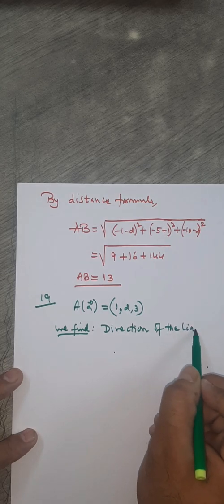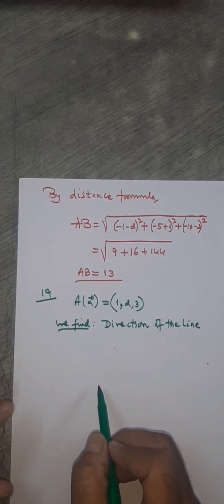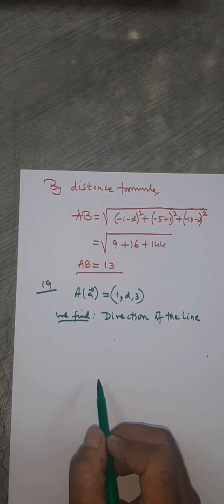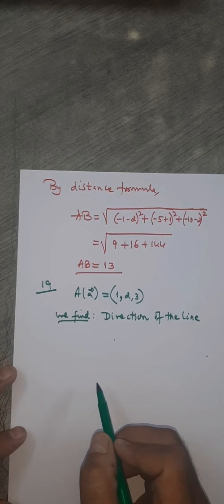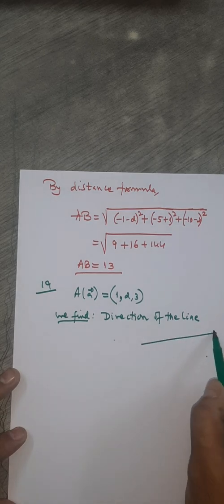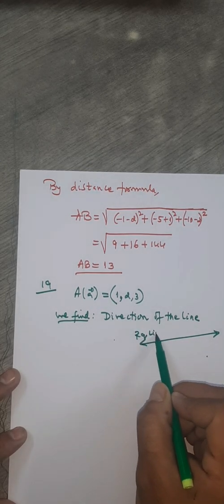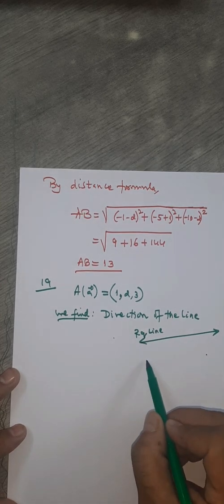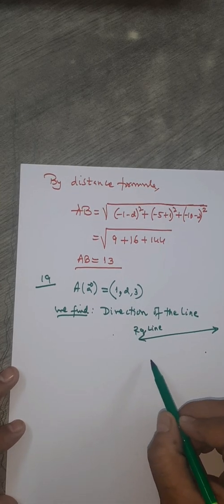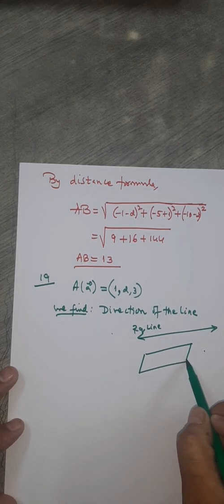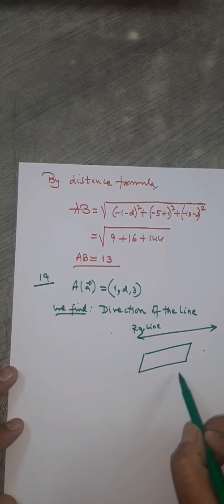Now, how do we get the direction of the line? Read the question. You will realize the line is parallel to this and this planes. Remember, suppose this is required line. This is our required line. And this line is parallel to two planes, one plane over here and the other plane may be over here like this.